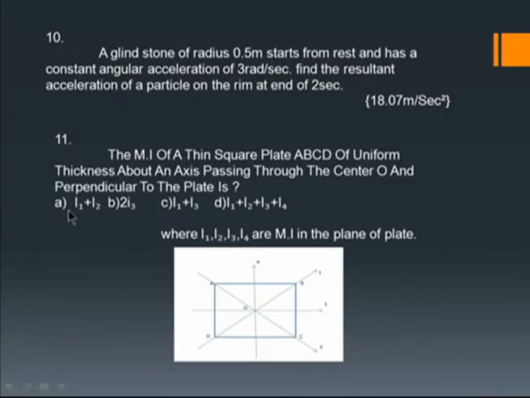The first option is I1 plus I2, the second is 2I3, the third is I1 plus I3, and the fourth is I1 plus I2 plus I3 plus I4. These are the four options. Once again: I1 plus I2, 2I3, I1 plus I3, and I1 plus I2 plus I3 plus I4.